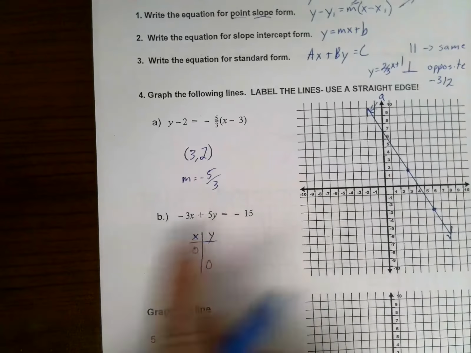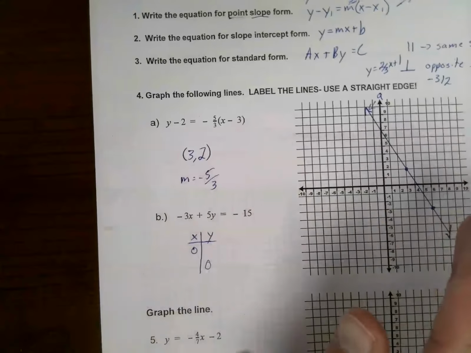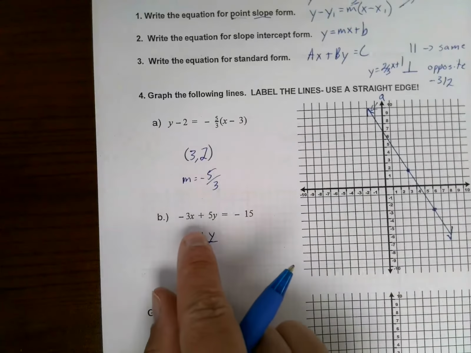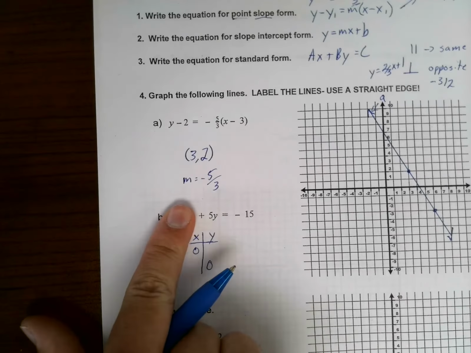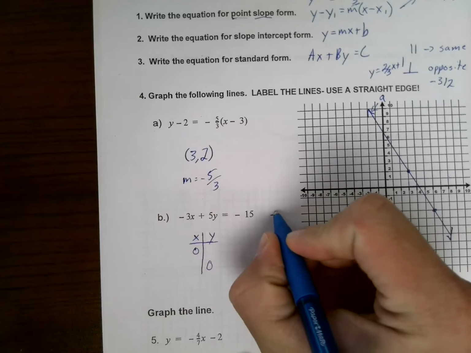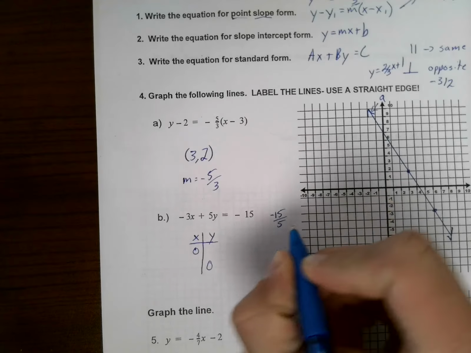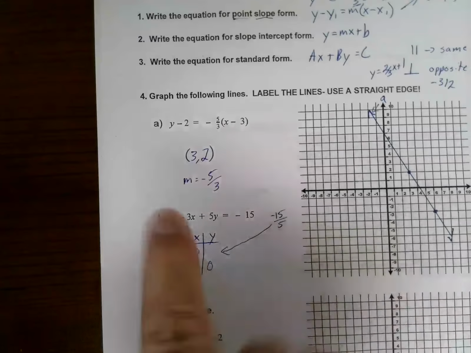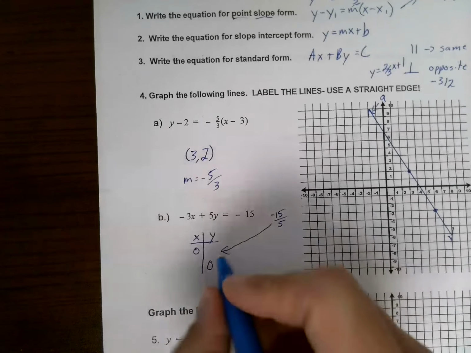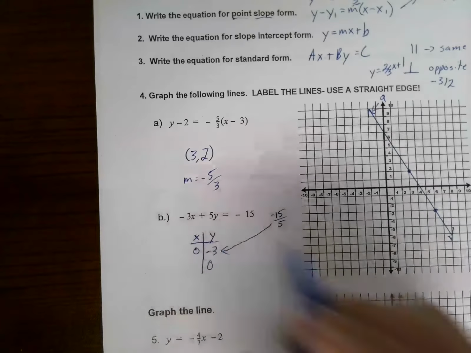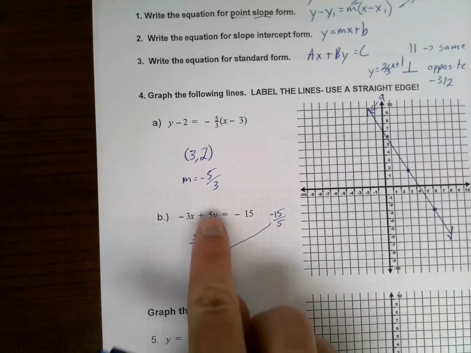So really what you do in standard form, you just cover up the number with the 0 under it. So x is 0, so I cover that up. All I'm doing here is negative 15 divided by 5. So I cover it up, divide that, I get negative 3. And then now the y is 0, so I cover that up.